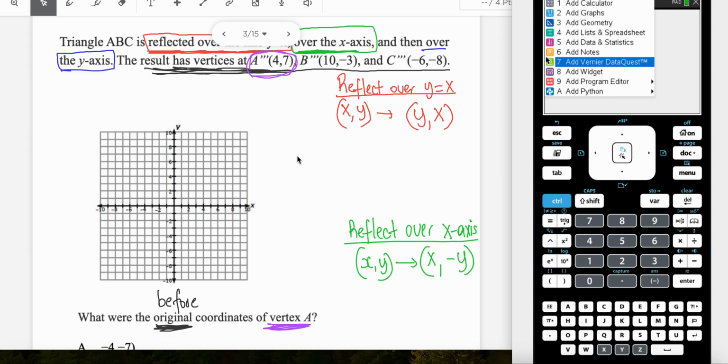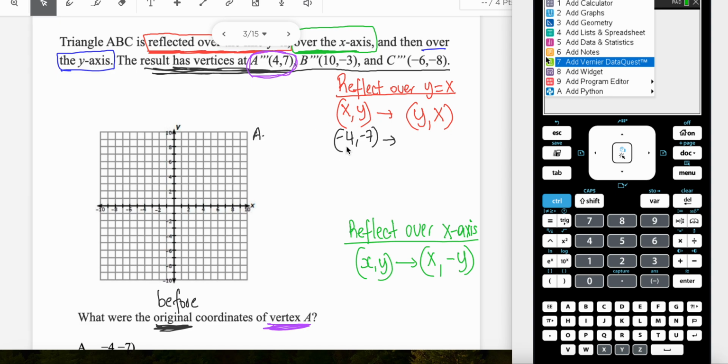So answer choice A, does that represent our first A? So I'm going to write it down. This is just the answer choice. So it has (-4, -7). We're going to take the answer choice and perform the reflection over y = x and then the x-axis and see if the answer that we got matches this one.